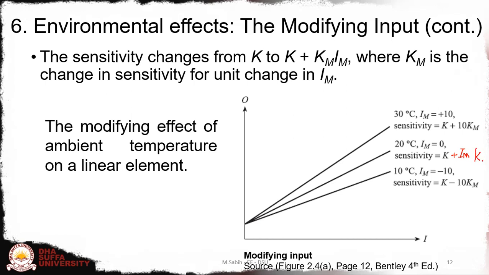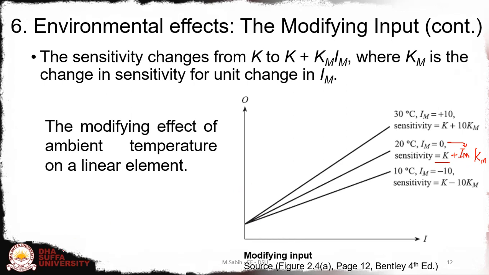But you see, the value of IM here is actually 0, and because of this reason, Km was not 0, IM was 0 here. That's why we were writing only sensitivity equals K.